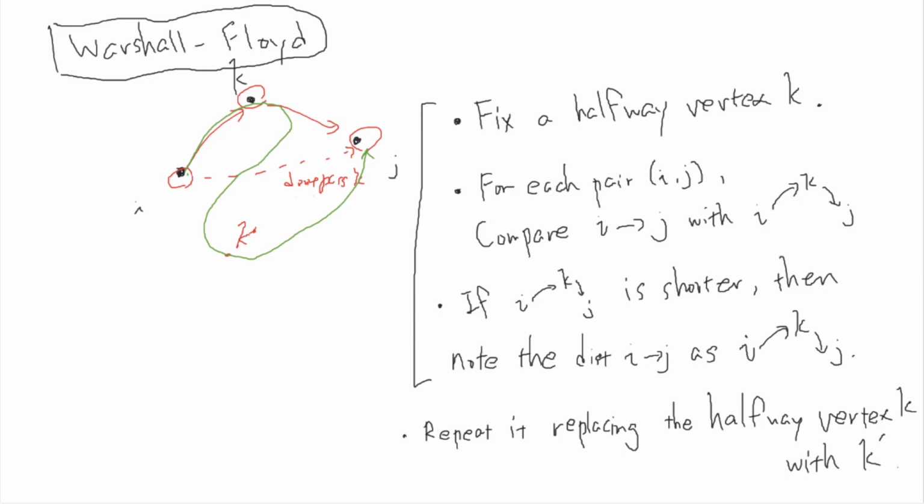So I remove the green path. This path is minimal, it gives the minimal path from i to j. Repeat it for each k, and finally we get the distance from i to j. That's the Warshall-Floyd algorithm.